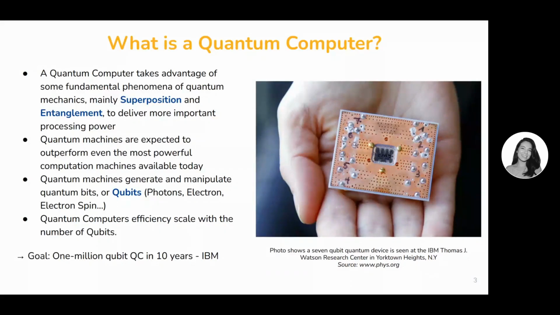And it's the way that we can engineer this type of particles to create an information unit that eventually gives us the quantum processors. So quantum computers' efficiency is supposed to scale with the number of qubits. That means that the more qubits we have, the larger the quantum machine, and the higher the processing speed that we have.